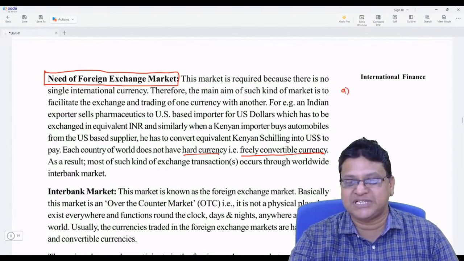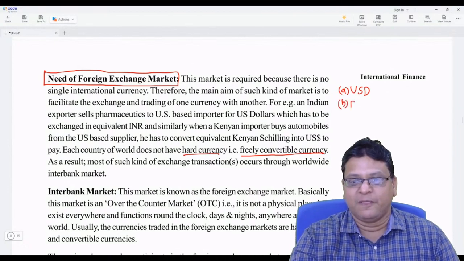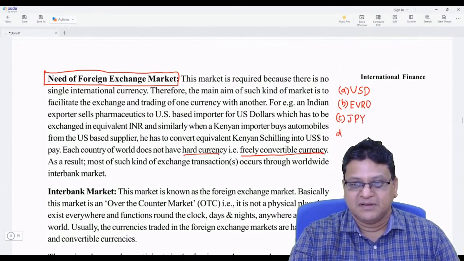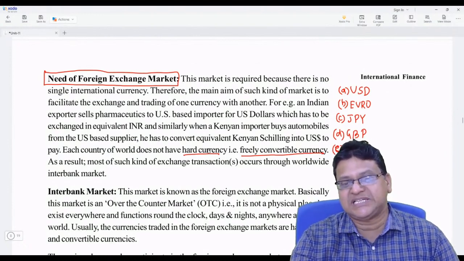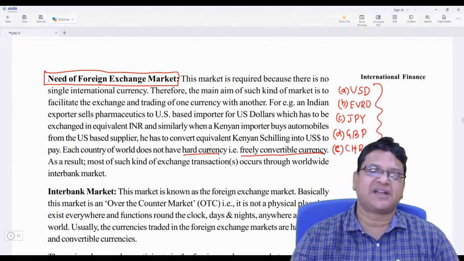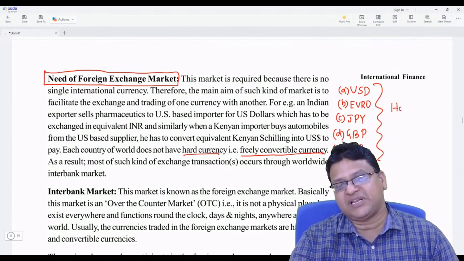The major currencies are US dollar, euro, Japanese yen, Great Britain pound, and Chinese renminbi. These are the major currencies in which international trade takes place, and these are hard currency.